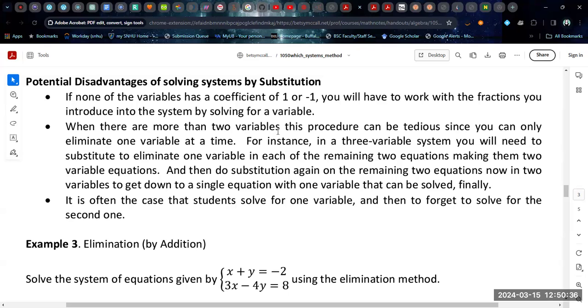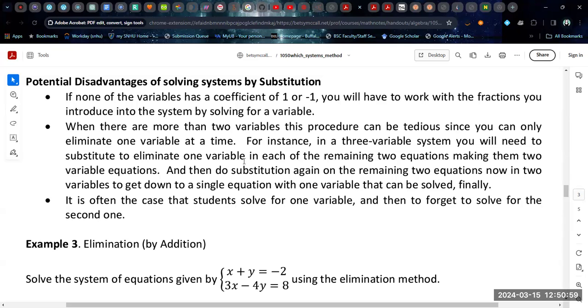When there are more than two variables, this procedure can be tedious. You have to basically eliminate one variable at a time. In a 3-variable case, you will solve one equation for one of the variables. Then you'll make that substitution into the two remaining equations to reduce them from 3 variables to 2 variables.